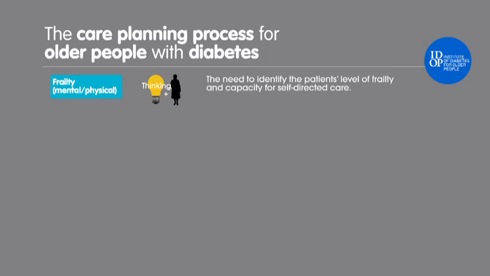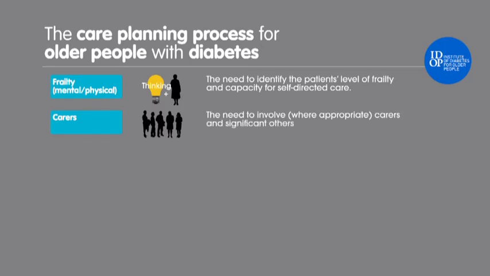There may be a need to introduce preliminary care measures, including social care providers, to enable the care planning process to be commenced. The need to involve, where appropriate, significant others when an individual's self-care is reliant on or delivered by others. They too must be involved in the process.